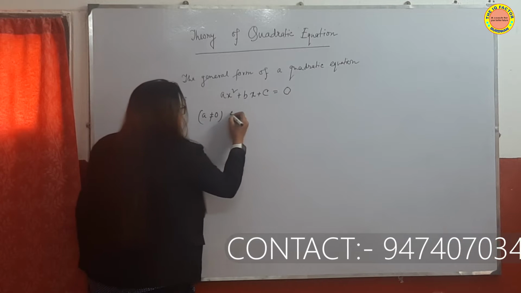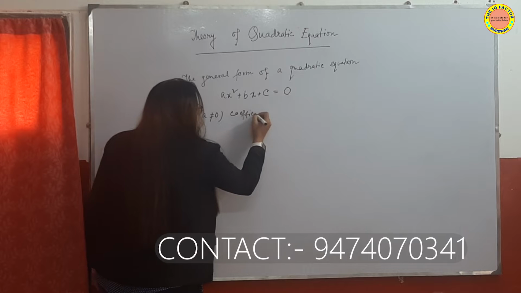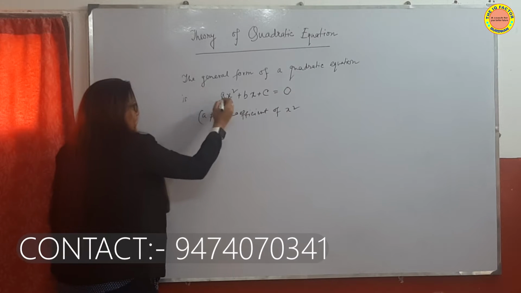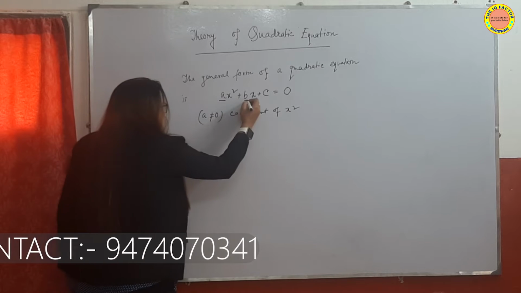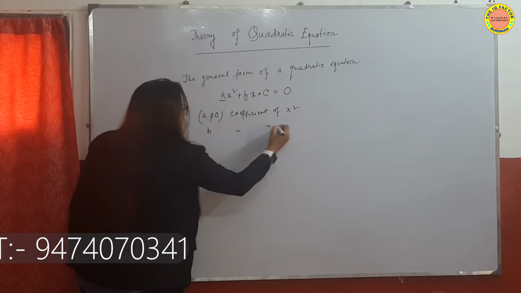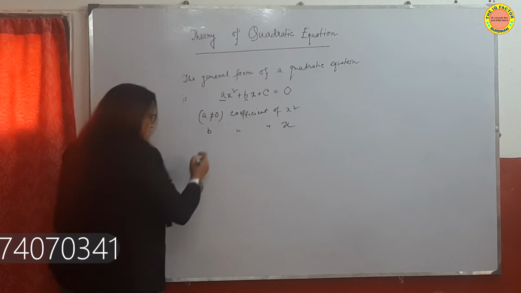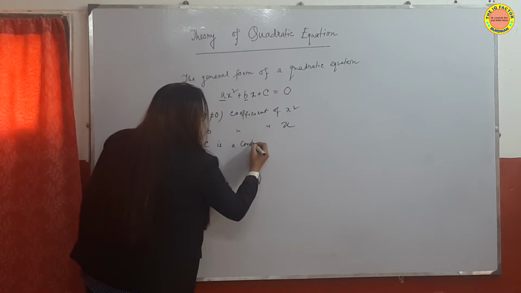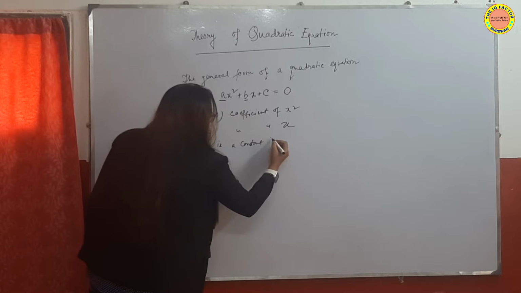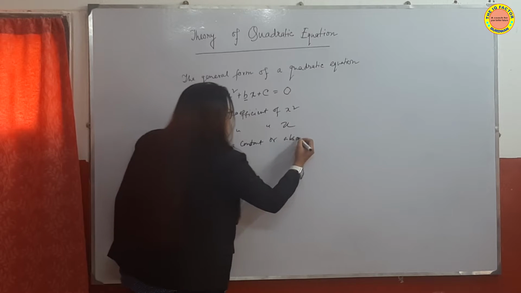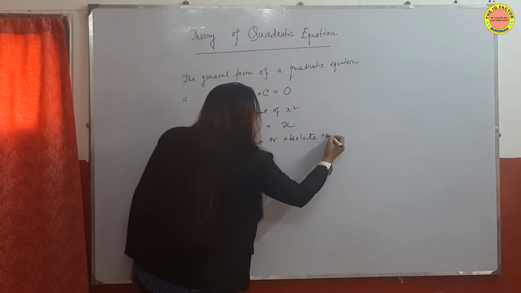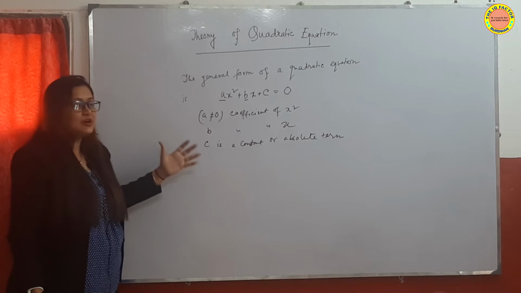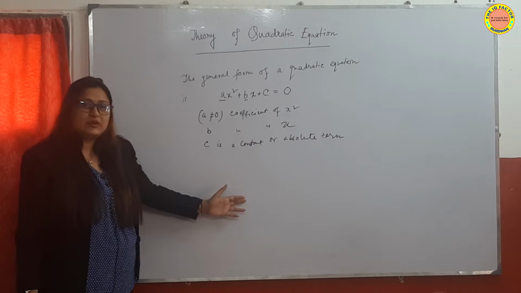A is the coefficient of x square, b is the coefficient of x, and c is a constant or absolute term. So here is the definition of quadratic equation.